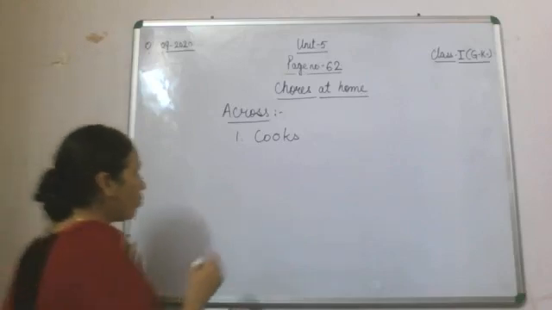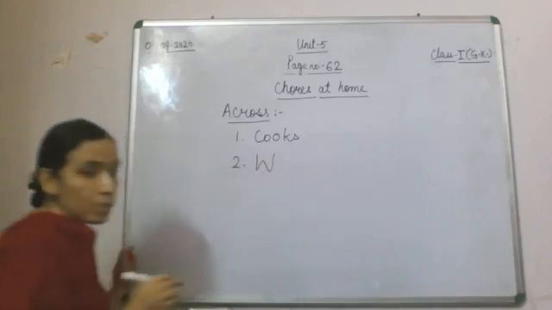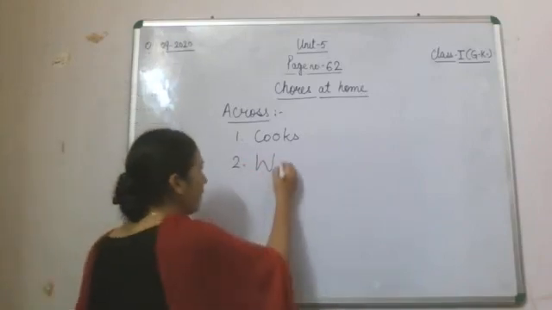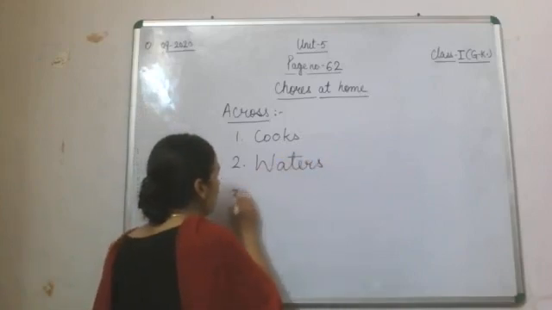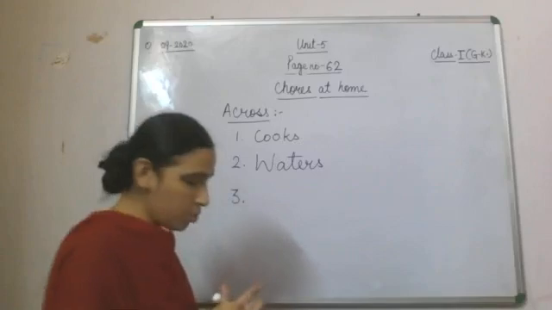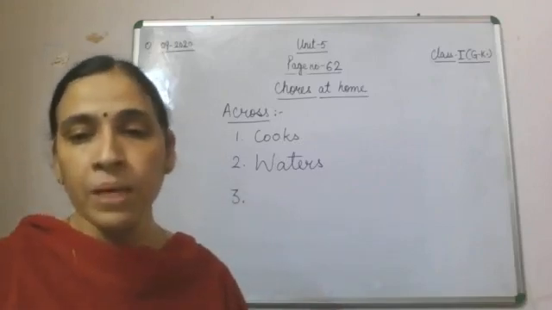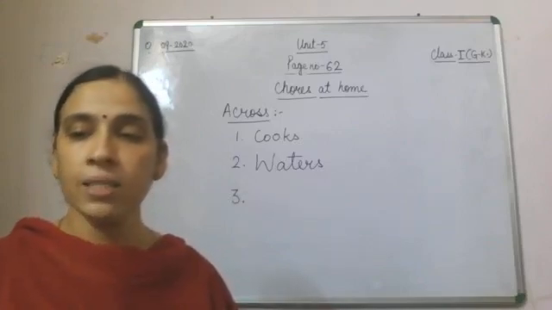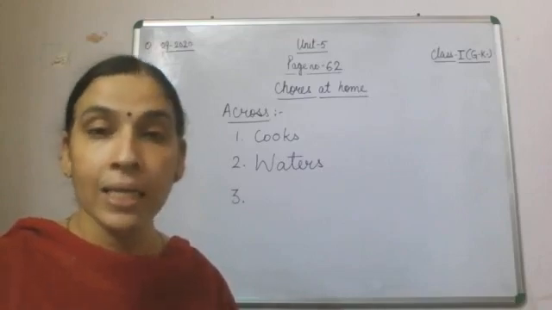Now Suzanne, what is Suzanne doing? Watering the plants. Suzanne waters the plants. WATERS, waters the plants. Every morning Suzanne waters the plants. Number 3: Betty and her brother John take turns to dash the floor to make it clean.